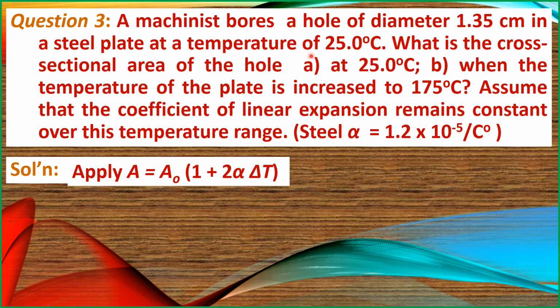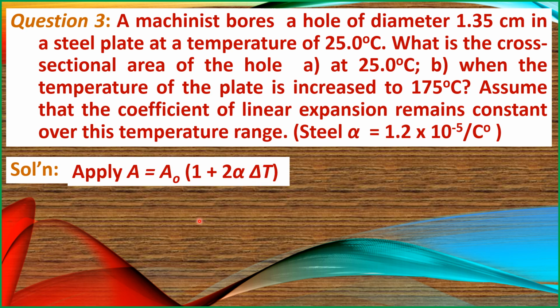In the problem, the initial is 25.0 degrees and the final temperature is 175 degrees Celsius. Now, the coefficient of linear expansion, alpha, will be multiplied by 2. That is what we do whenever we are using this coefficient in determining change in the area. Of course, multiplied by change in temperature.